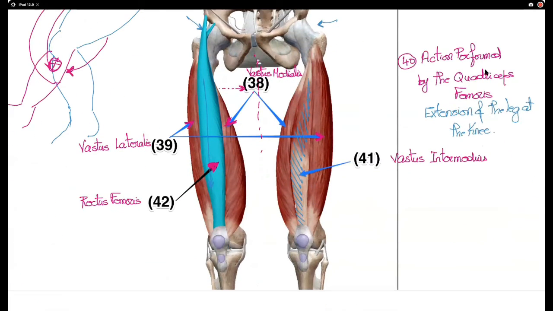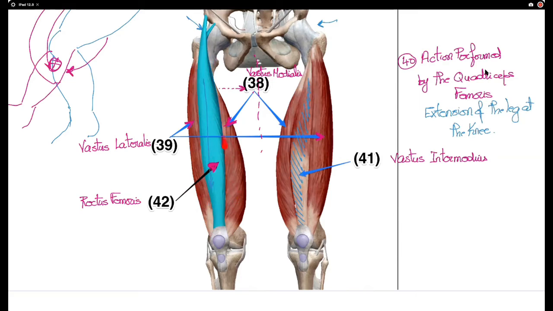Looking at the four muscles that will be forming the anterior compartment of the thigh, those are my quadriceps femoris. The most superficial of them is the rectus femoris. A large muscle located on the medial aspect, this is going to be vastus medialis. Another one on the lateral aspect of the thigh, this is going to be vastus lateralis.